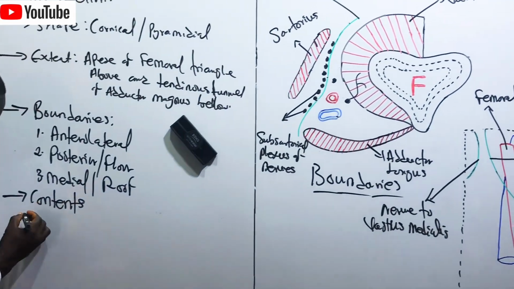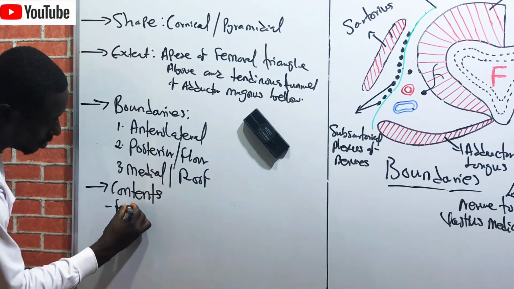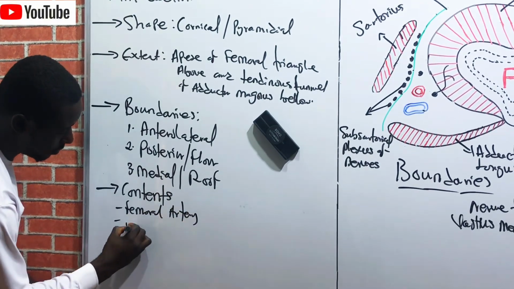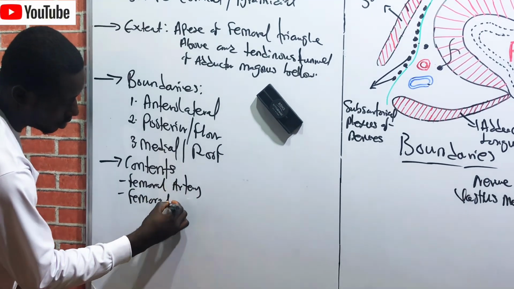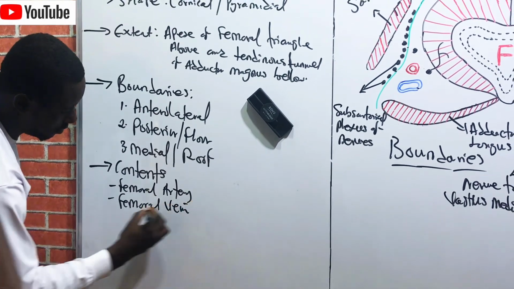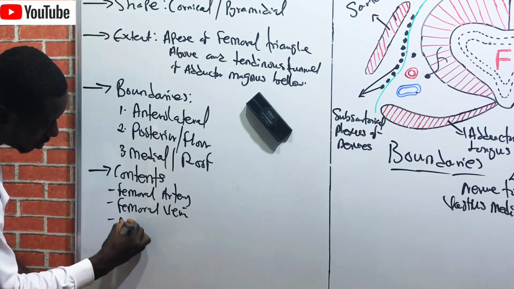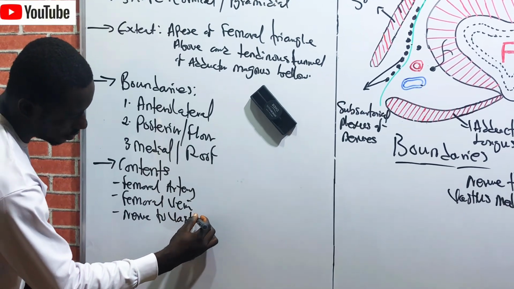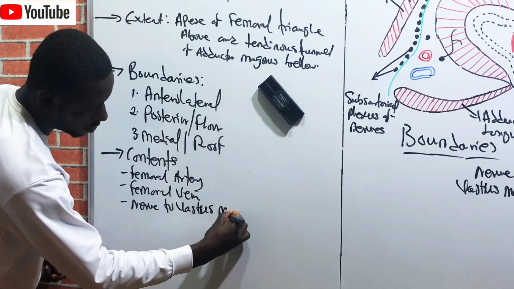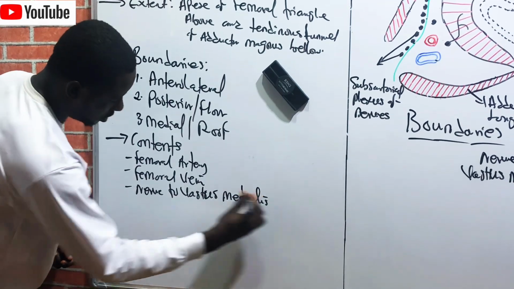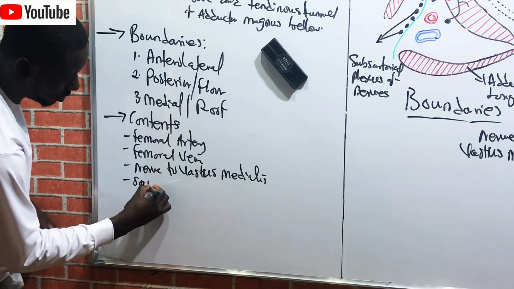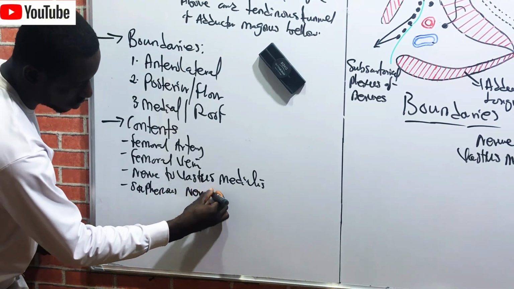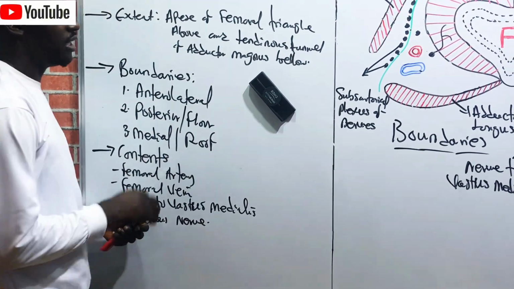So we have here the femoral artery, femoral vein, nerve to vastus medialis, the saphenous nerve. So these are the contents of it.